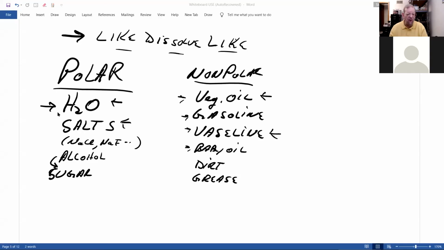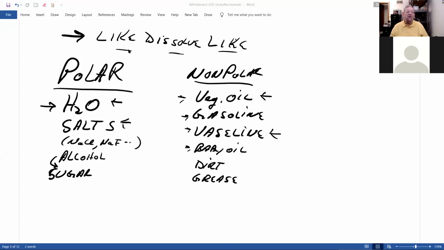Now, gasoline, let me get back to that slide, is nonpolar. Water is polar. Like dissolves like. Things that are polar are soluble in polar things. Things that are nonpolar are soluble in nonpolar things.